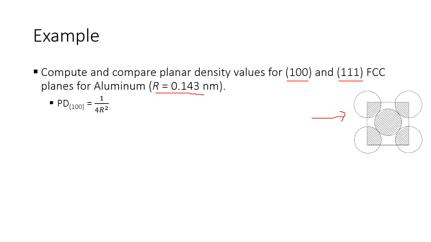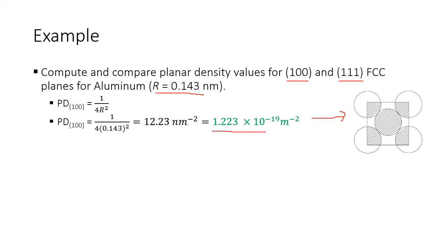So all we have to do is to substitute the value of r in the denominator of this formula, and you get the answer to be 1.223 into 10 raised to 19 meter squared inverse, or 12.23 nanometer square inverse. Okay, so this is also meter square inverse because r is in the denominator.